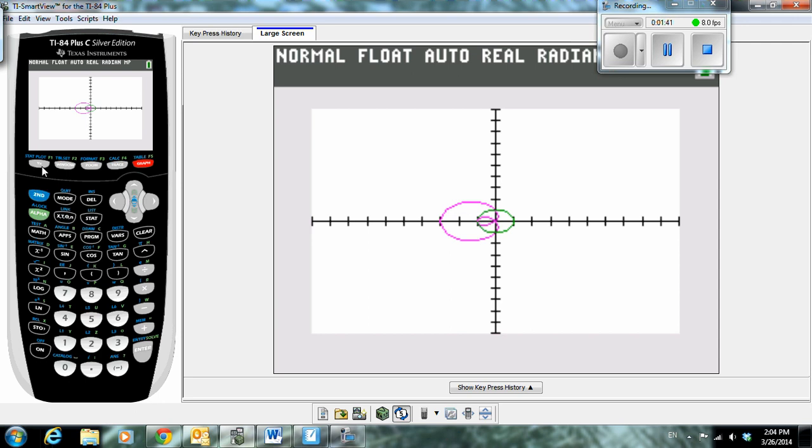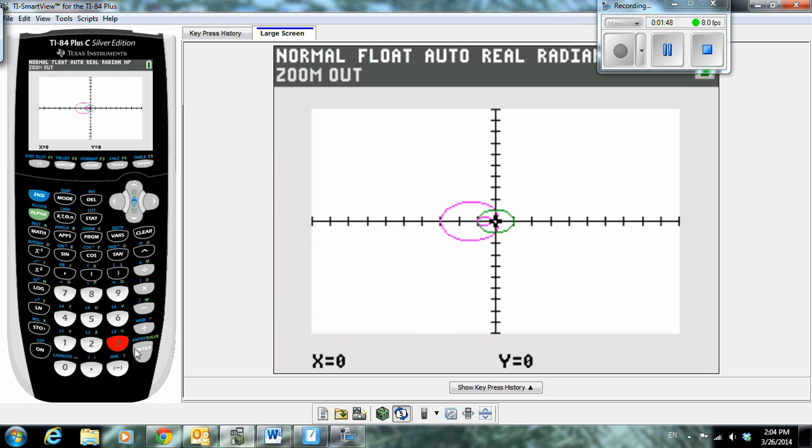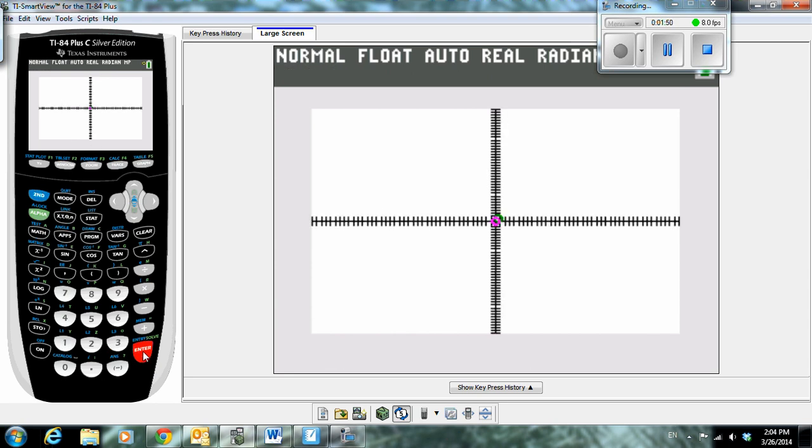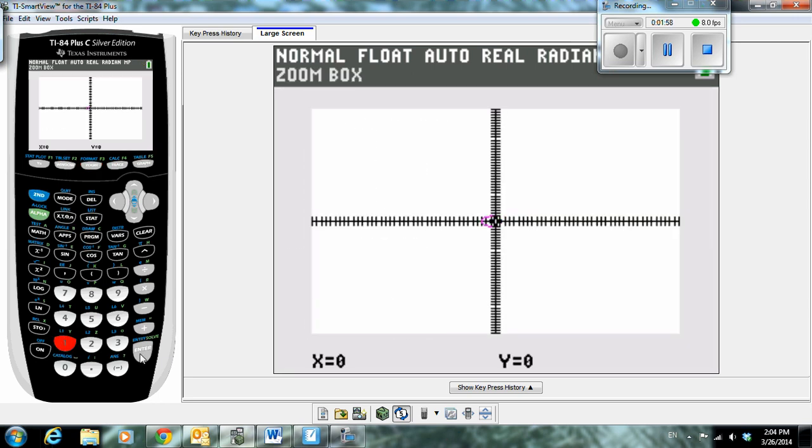So what I would do is go ahead and zoom, I'm meant to zoom in. So I'll go ahead and press zoom in. Zoom in, and this is how your graph is supposed to look at first.